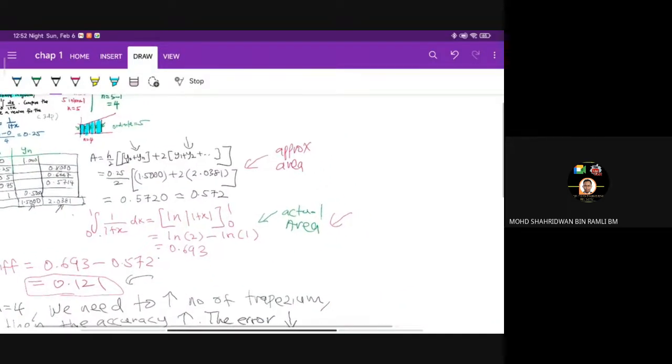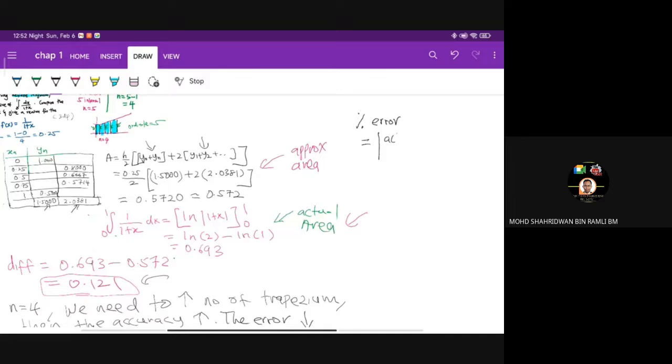I'm going to show you how to calculate the percentage error. The percentage error equals the absolute value, or modulus, of actual minus approximate, over actual, times 100.